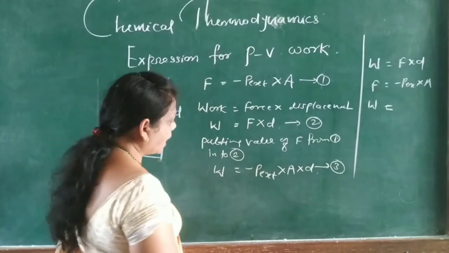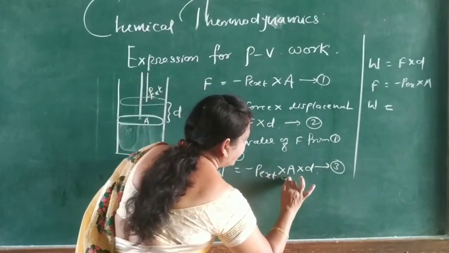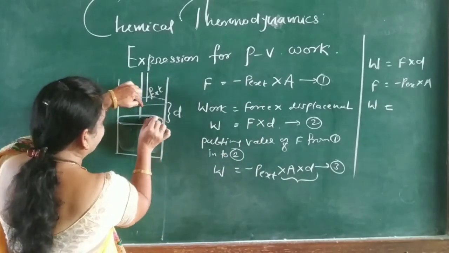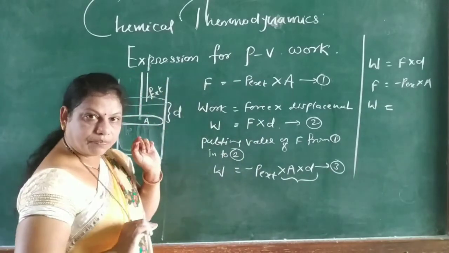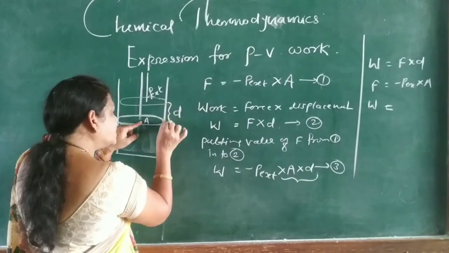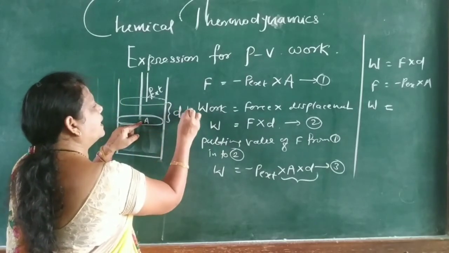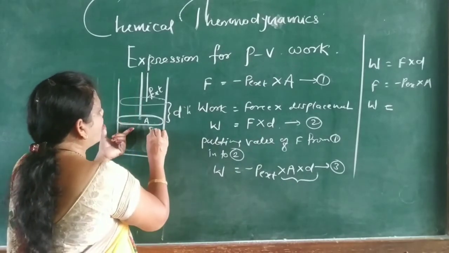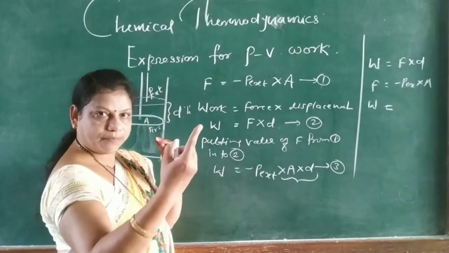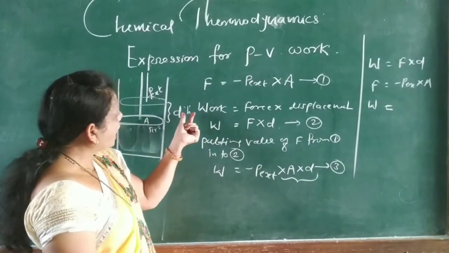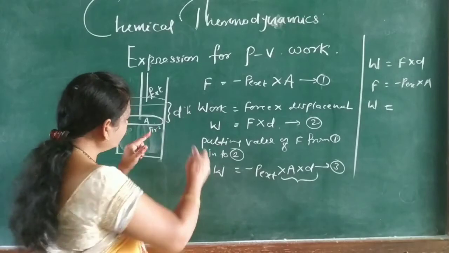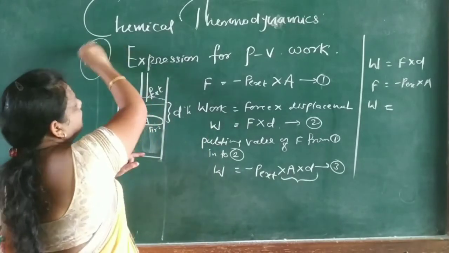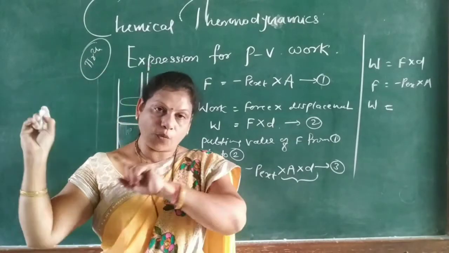Now here, what does A into D mean? This is the area of cross section, and this is the displacement, which is the height h. If the area is pi r square, if it is circular, and the height is h, the multiplication is pi r square h, which is nothing but the formula of volume.